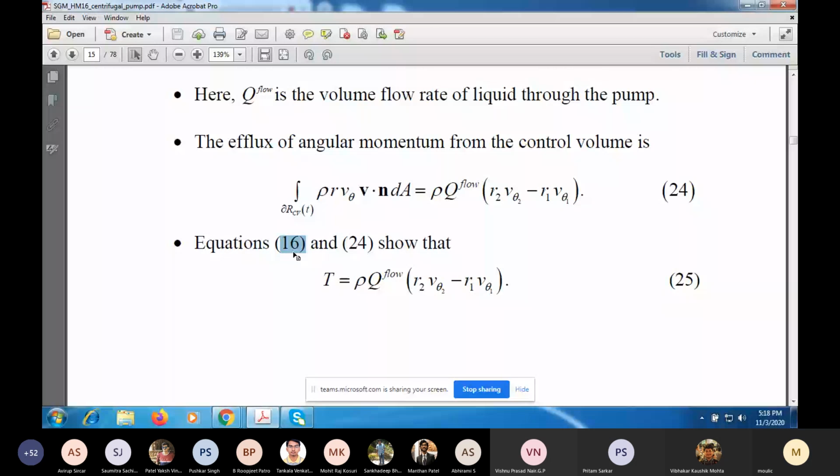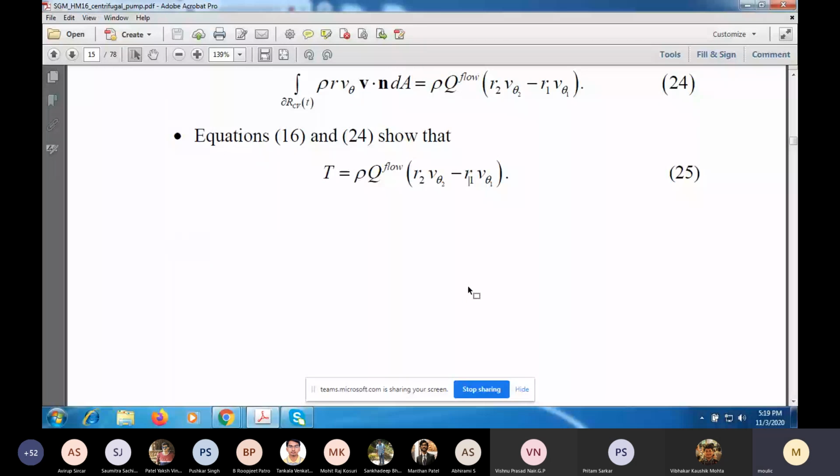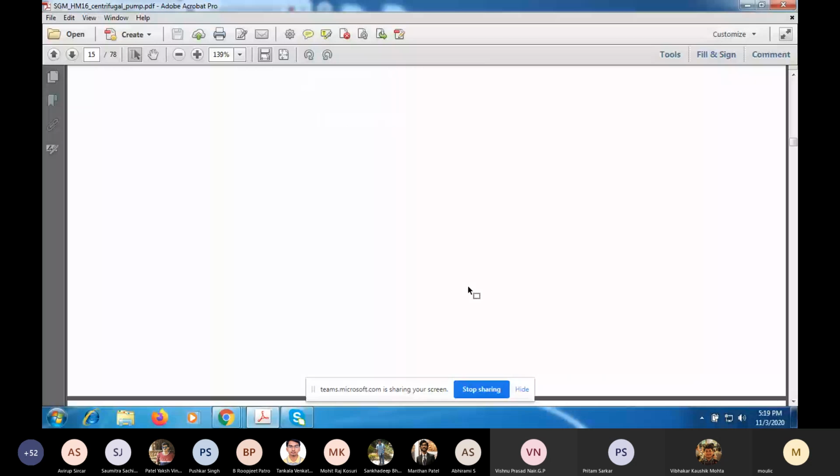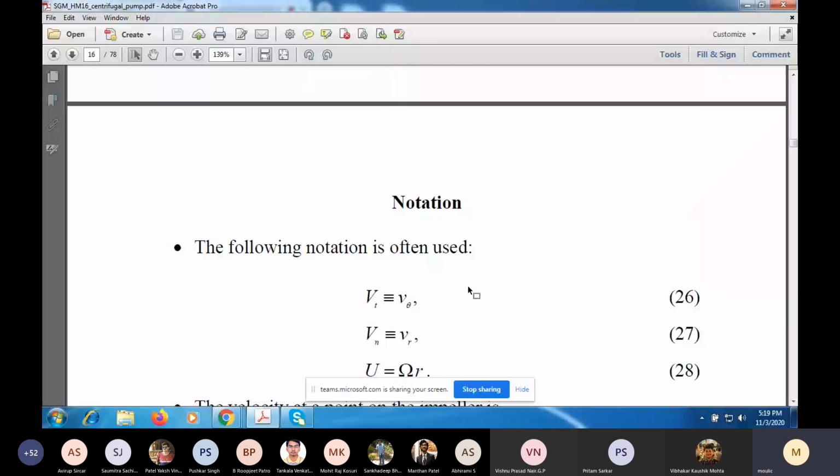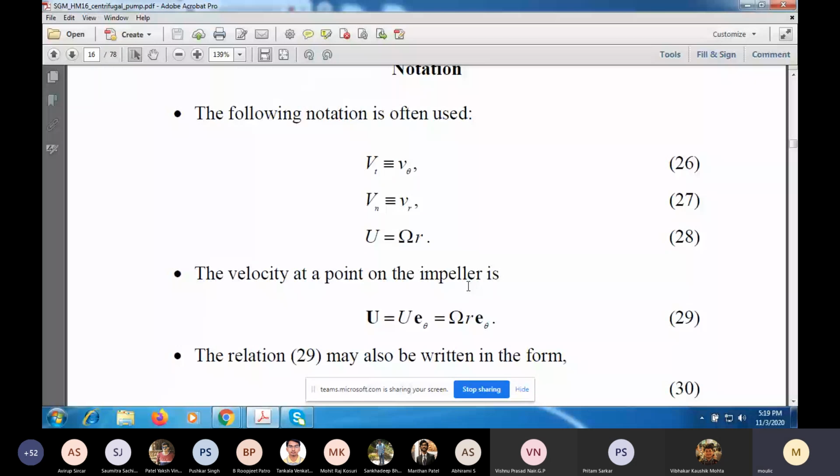So if you substitute back into that angular global balance, you will have the torque on the impeller is equal to the mass flow rate into R2 V theta 2 minus R1 V theta 1. A very simple relation. Now, quite often, authors of fluid mechanics textbooks will use the symbol V with the subscript T instead of the symbol V theta.